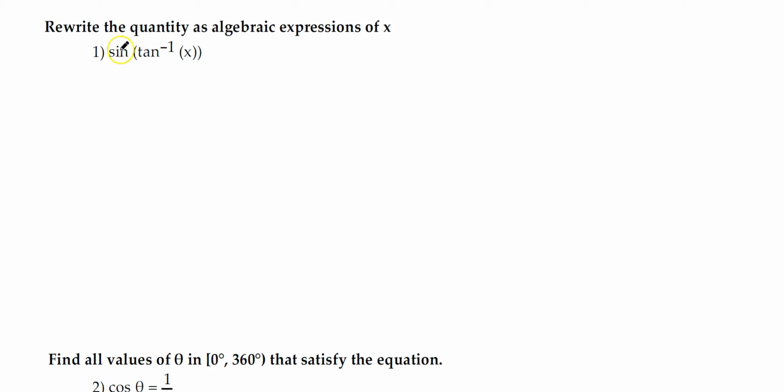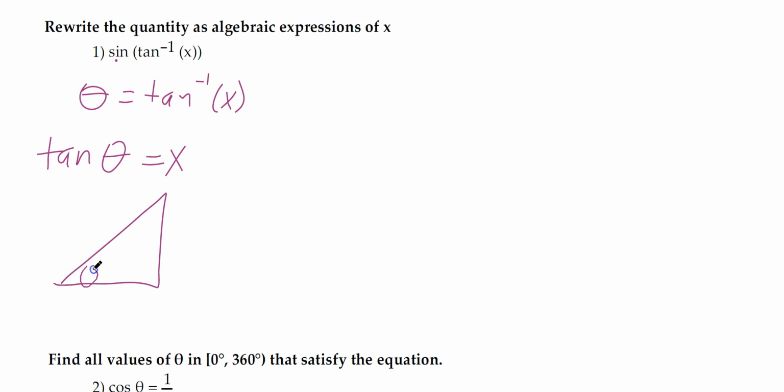Well, first off, sine accepts an angle. Sine of an angle, sine of pi halves, etc. So this is an angle. Let's call it theta. So theta equals arctangent of x. If I take tangent of both sides, I get tangent theta equals x. I can represent this angle with a triangle, theta.